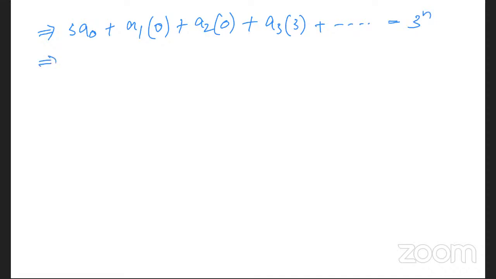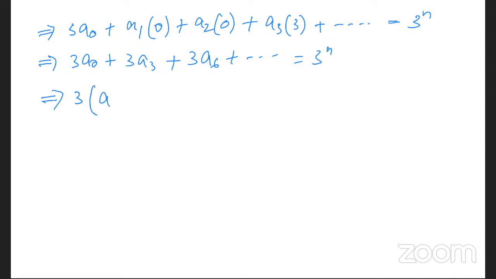So this implies we have 3a naught plus 3a3 plus, we'll write one more term, 3a6 plus so on is equal to 3 to the power of n. So we take 3 common, which will be 3 into a naught plus a3 plus a6 plus so on is equal to 3 to the power of n.